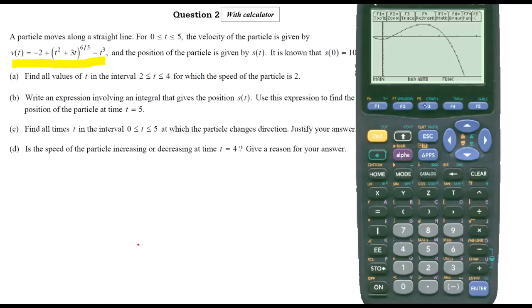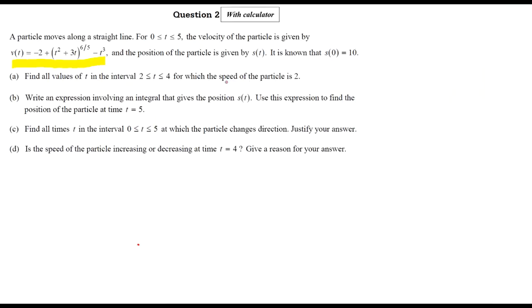And our first question says to find all the values of t between 2 and 4 for which the speed of the particle is equal to 2. So there we're being tested on whether you realize the difference between speed and velocity. And of course, speed is the absolute value of velocity.